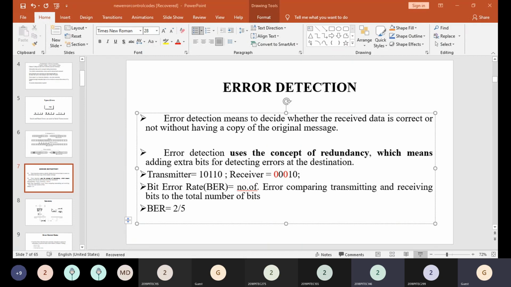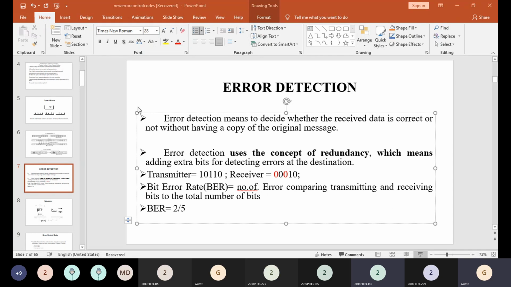Okay, so for any error control codes, whether it is block codes, cyclic or convolutional codes, the following setup needs to be considered. You'll be having the transmitter and the receiver, sender and receiver.